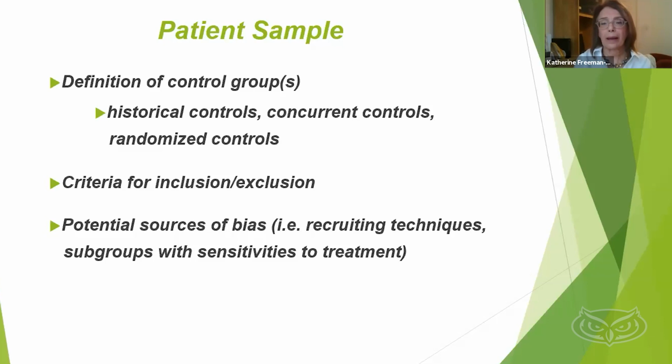People have heard about samples of convenience, or putting an ad up in the university. Well, you're going to get more students in that, and your results may not be generalizable to the entire population. And certainly looking at subgroups that may not complete reporting forms.